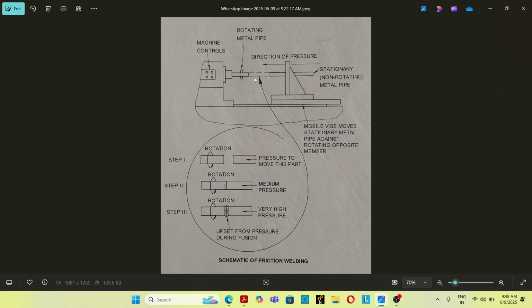Due to friction, the temperature of the ends of the pieces increases and they reach the plastic state. At that time, a high pressure is applied on the movable piece and a metal to metal joint is formed. After the welding process, an upset will be seen, and this upset can be removed by a grinding operation.